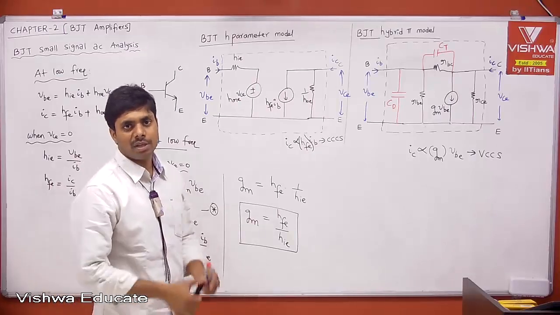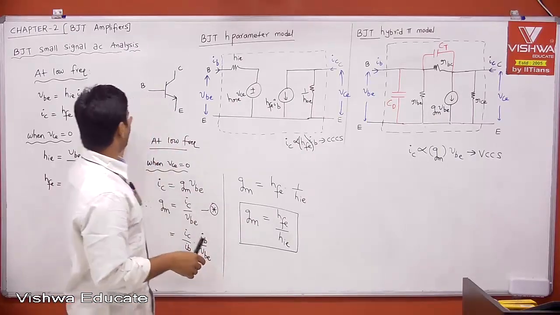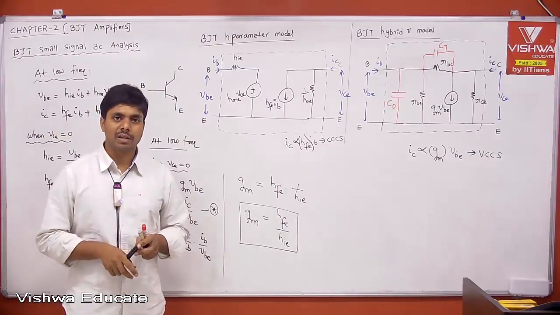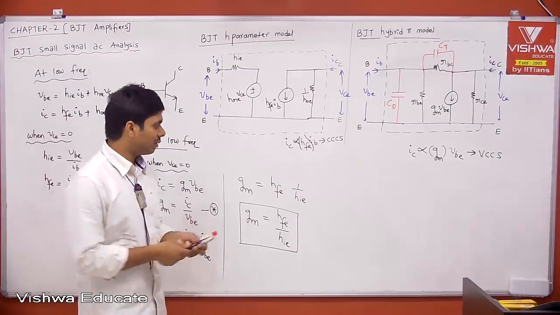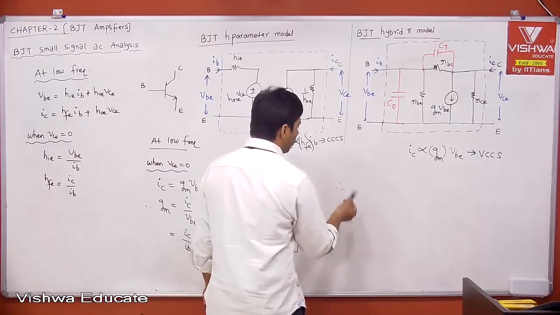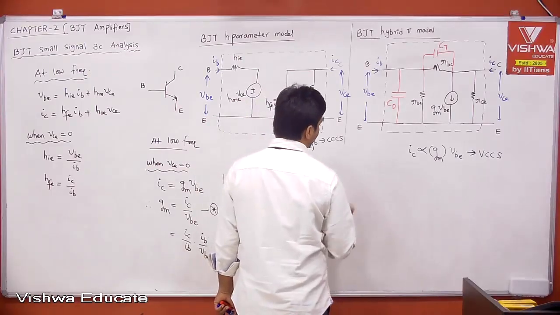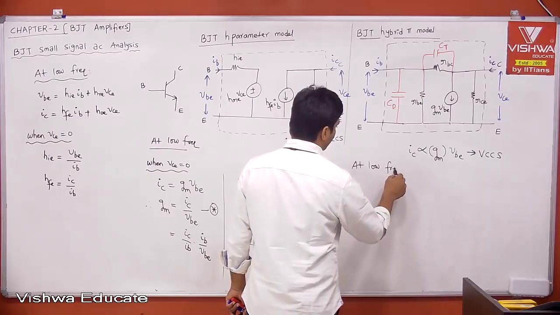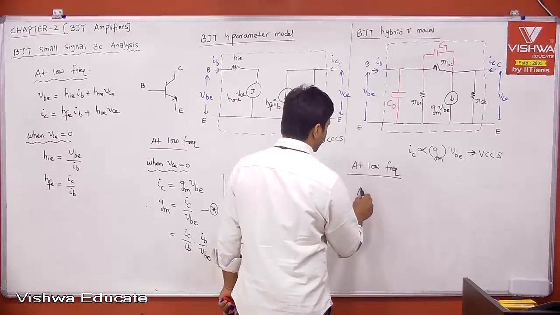Let us say in the examination a common emitter amplifier is given, but H parameters are not given. GM is given, then can't you calculate the voltage gain? Therefore, at low frequencies, what is your AV?